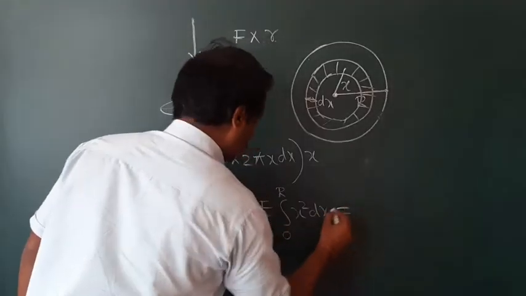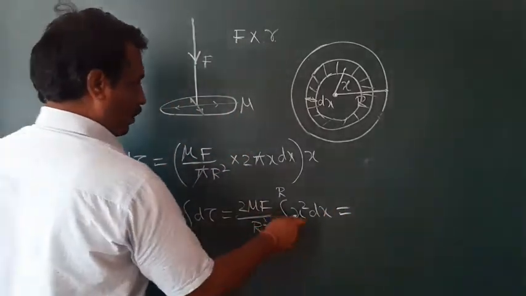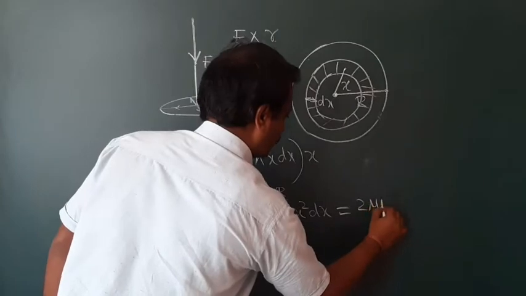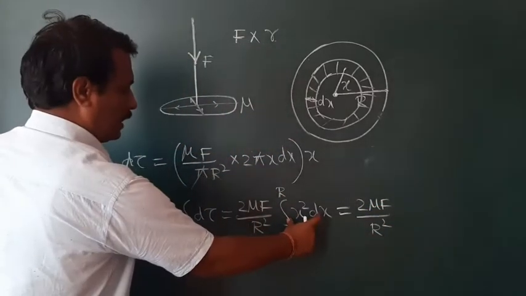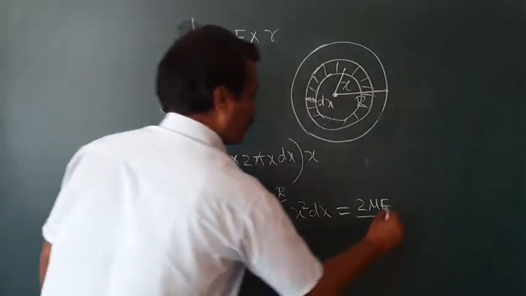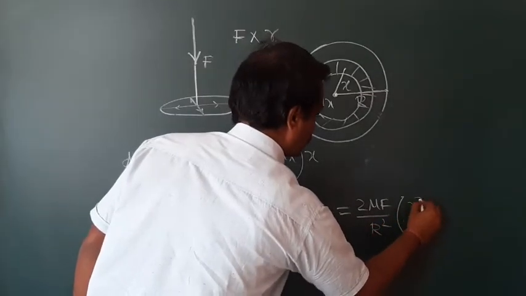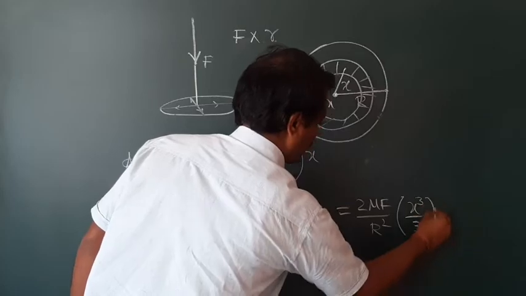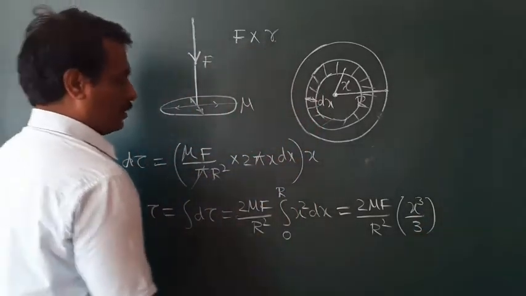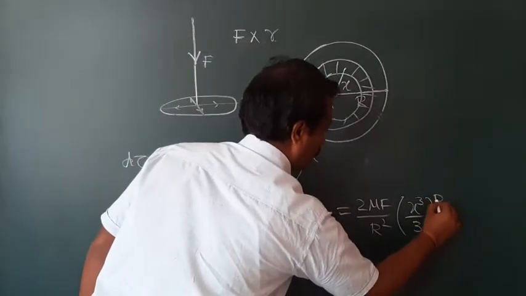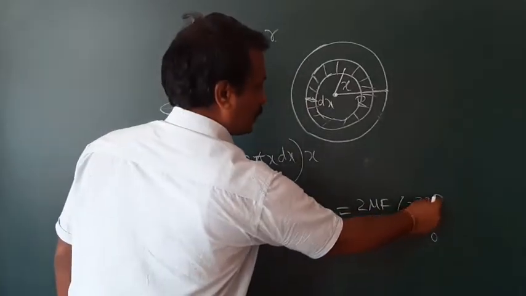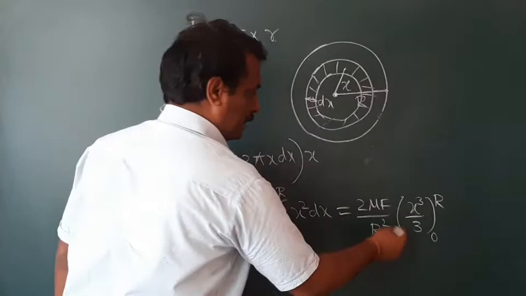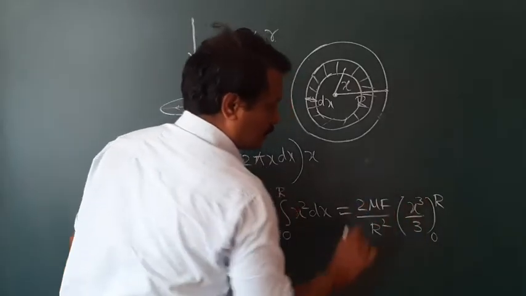So that is equal to 2 mu f by r square. Then what is the integration of this? Integration of this becomes x cube by 3 from 0 to r. Now you substitute the limits. First we will put x equal to capital R, then minus we will put x equal to 0.